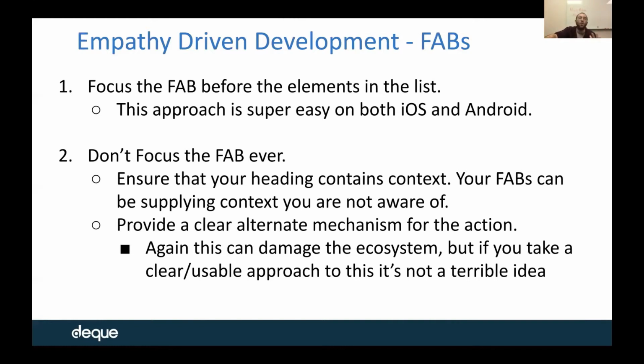Is it an annoying advertisement? What value are people getting from this thing? Because sometimes users can get value from things in ways that we don't understand. In the case of this, if you want to just apply a blanket solution and you don't have the resources to go out and do that research, a super safe solution is to focus the FAB before any element on the screen except for maybe the title.